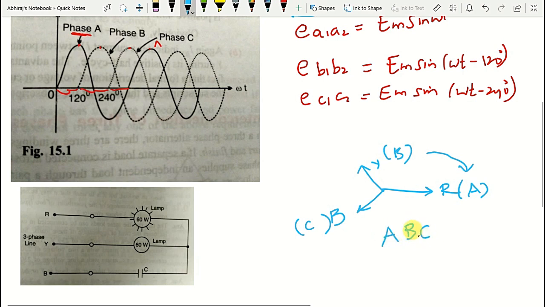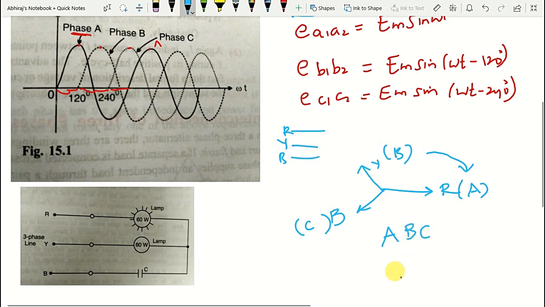B and C. Now, if you change any two of the three supply lines when you connect to a three-phase load, say R, Y, B, you can interchange any of the phases.